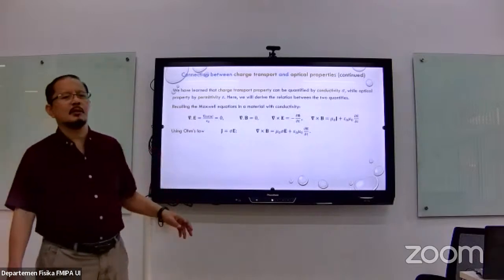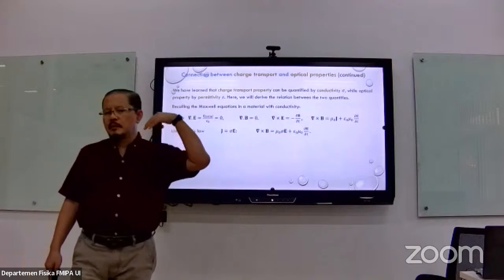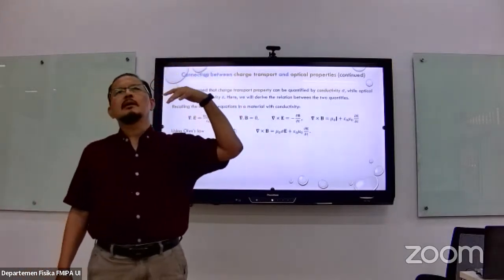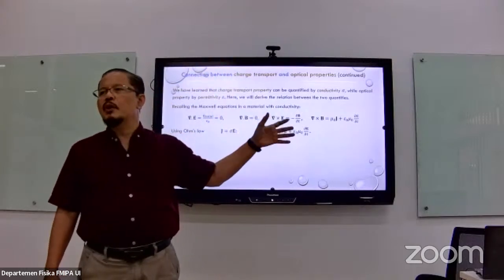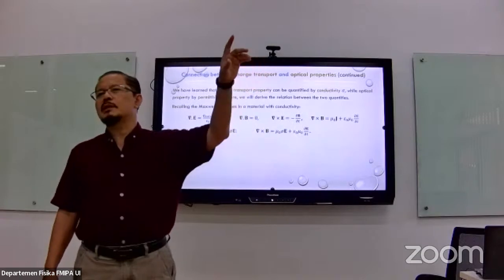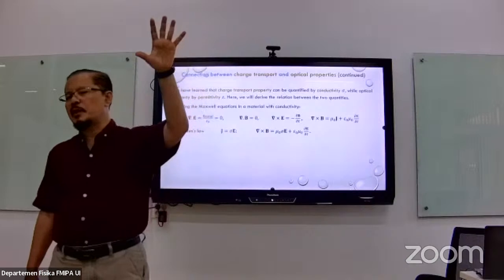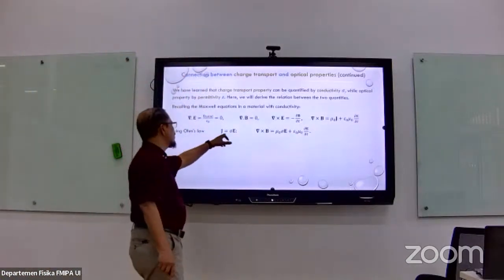Just remember that when we say Ohm's law, your thought may associate it with the macroscopic Ohm's law, which is V equals I R, right? That's the macroscopic version of Ohm's law. But this one is the microscopic version.